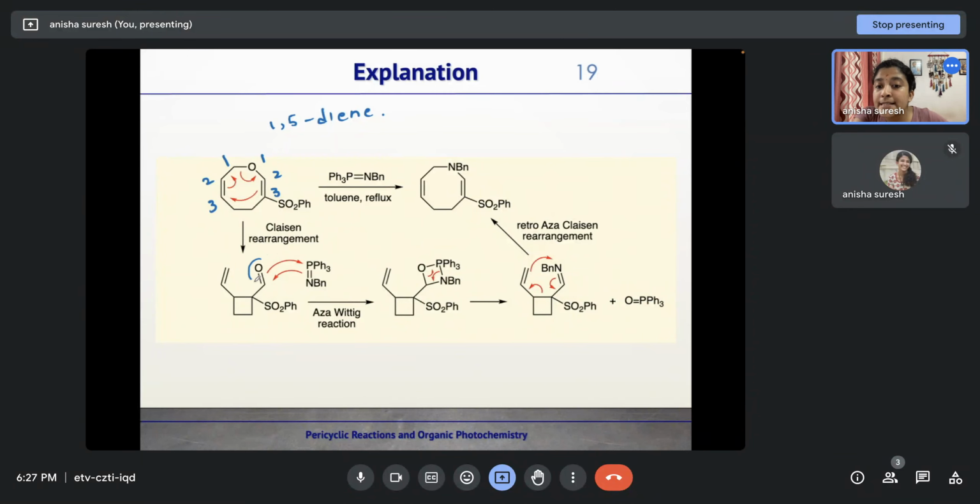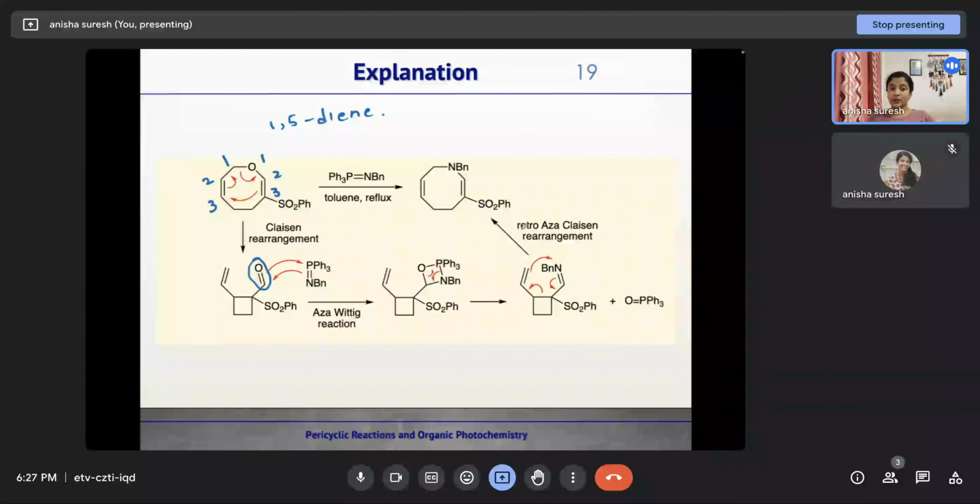So upon this carbonyl, the Wittig reagent will attack and the Wittig reaction will take place, leading to this oxetane type of intermediate, similar to the Wittig reaction. Now this phosphine oxide will eliminate and we will get this product.